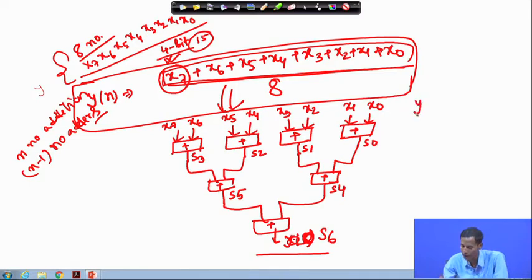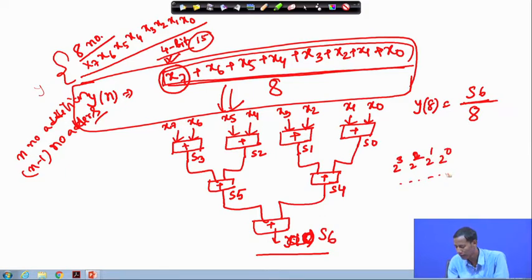Now, y8 equals what? S6 divided by 8. Dividing by 8 is nothing but the truncation of the last 3 LSB positions. Why? Because in binary numbers, the bits are weighted with powers of 2, that is 2 to the power 3, 2 to the power 2, 2 to the power 1, 2 to the power 0.